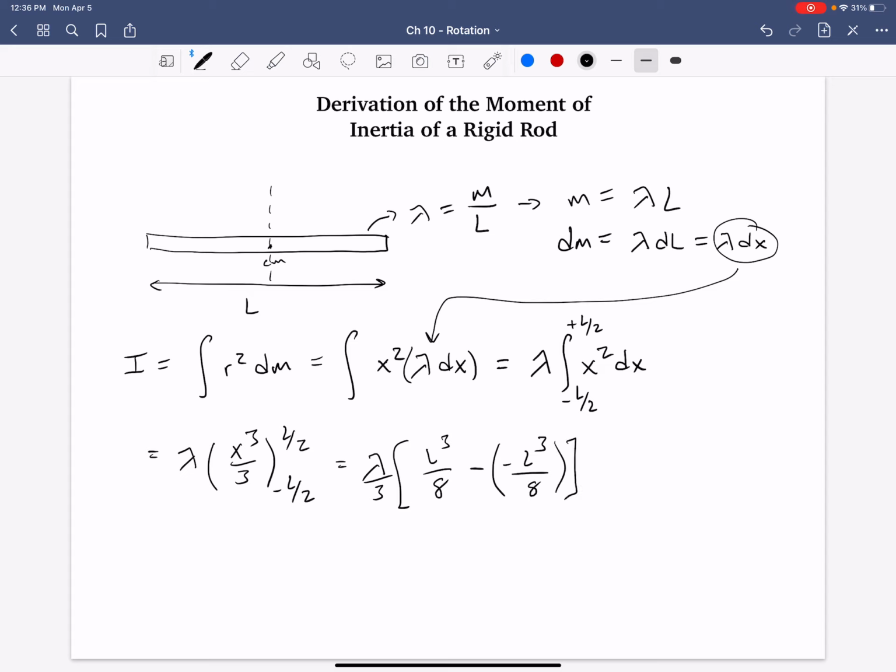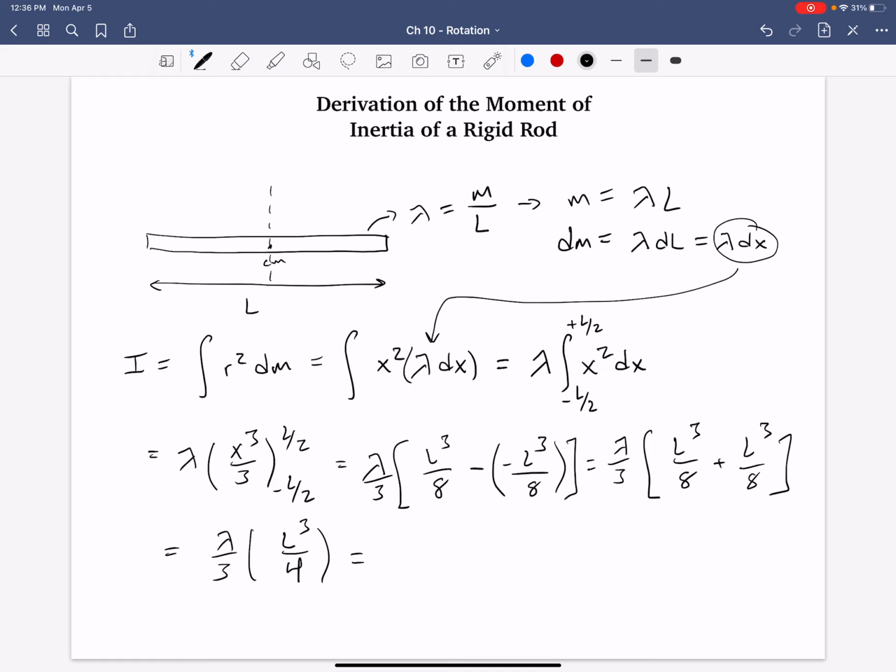Okay. And this becomes L over 3. The first term remains the same. Now we have plus L cubed over 8. And so that's 2 over 8, which is 1 over 4. So L cubed over 4.